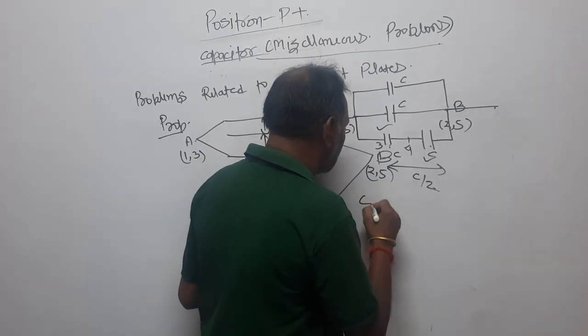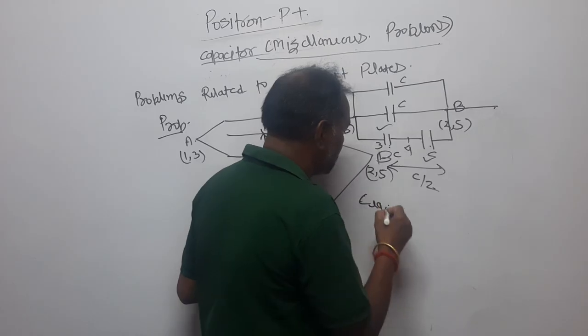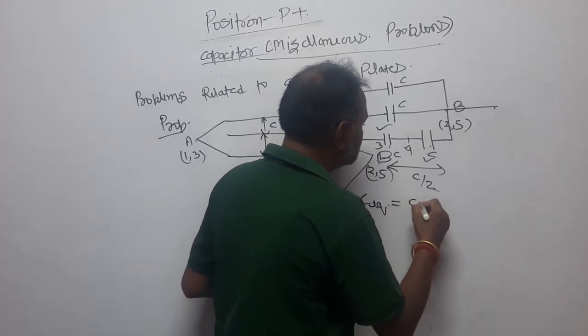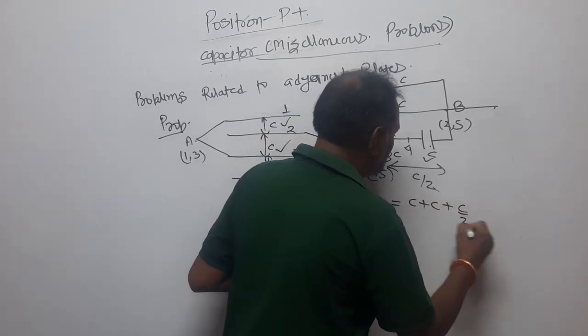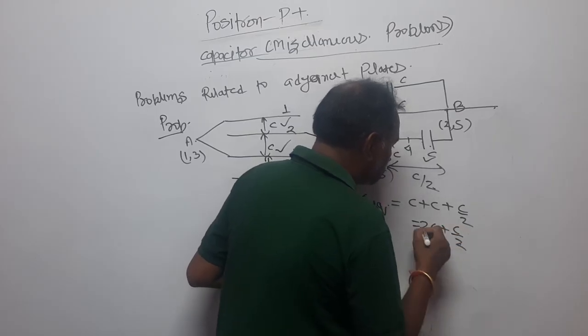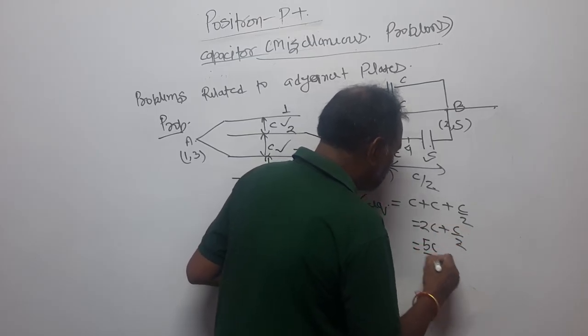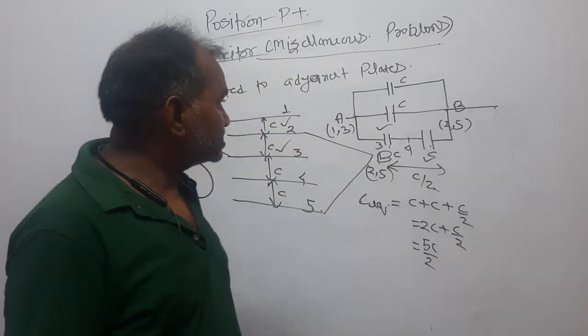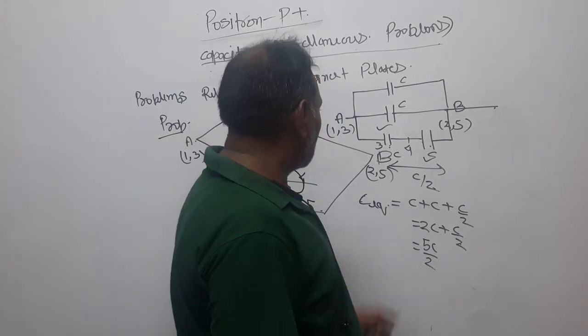So equivalent capacitance will be C equivalent equal to C plus C by 2, that is 2C plus C by 2, that is 5C by 2, right? In this way you find the equivalent capacitance.